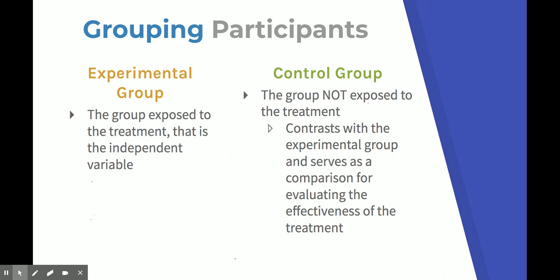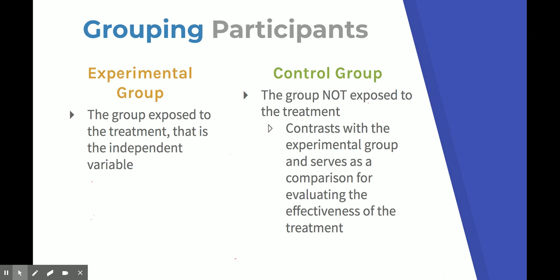We've been hearing a lot lately about trials for a COVID vaccine. The experimental group gets the actual vaccine that they're testing. In that case, the vaccine itself is the independent variable. The control group is my comparison group. They get a placebo. So if it's a medication, my antidepressant, they get a fake pill that looks like the real thing.